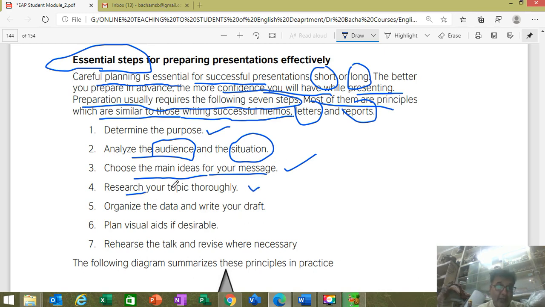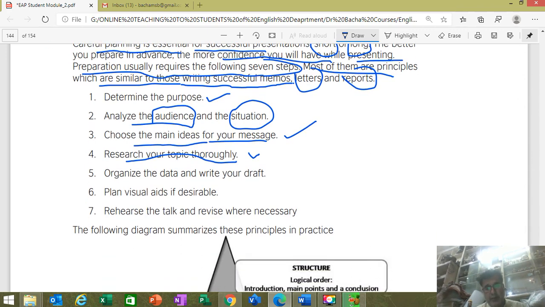Whatever topic you are giving to your students or any audience, you must research it properly and thoroughly, so that you have plenty of information on it. Otherwise, if somebody asks you, you could not answer very well.